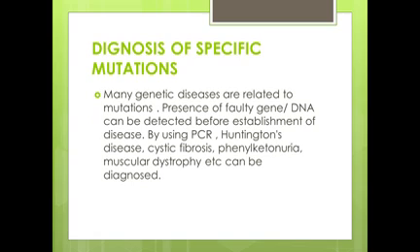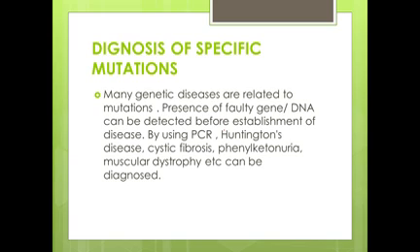Number two application of PCR is in the diagnosis of specific mutations. We know there are several genetic disorders in human beings which are caused because of mutant genes. So the presence of such faulty genes on DNA can be detected by PCR much before the establishment of the disease.